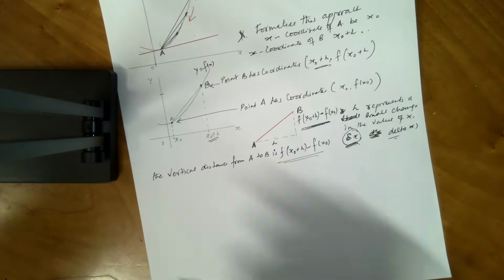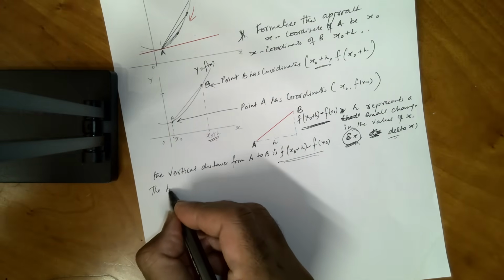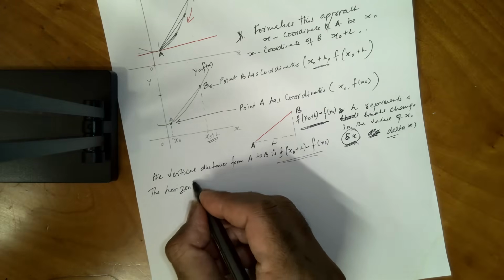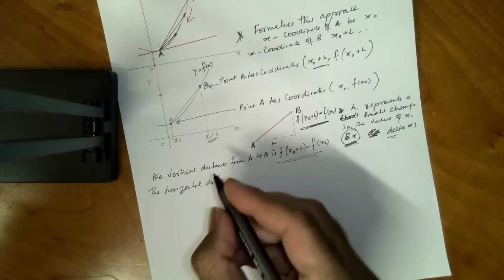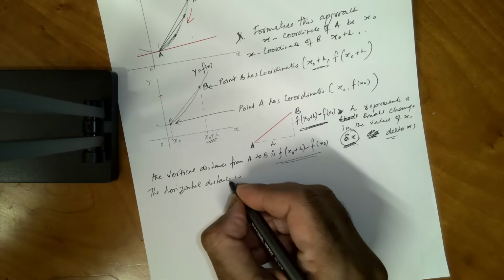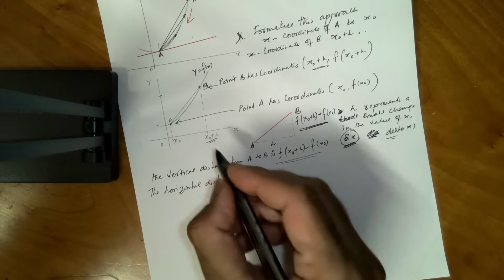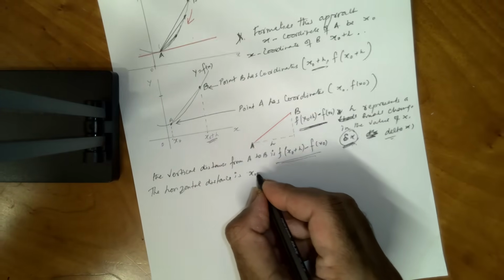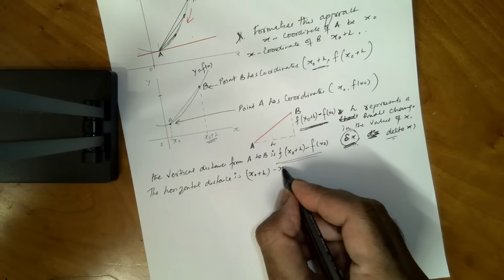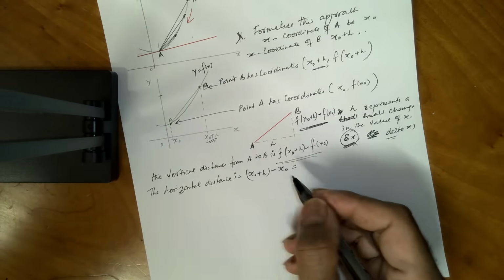And the horizontal distance is, first you will write this and then you will minus xo.